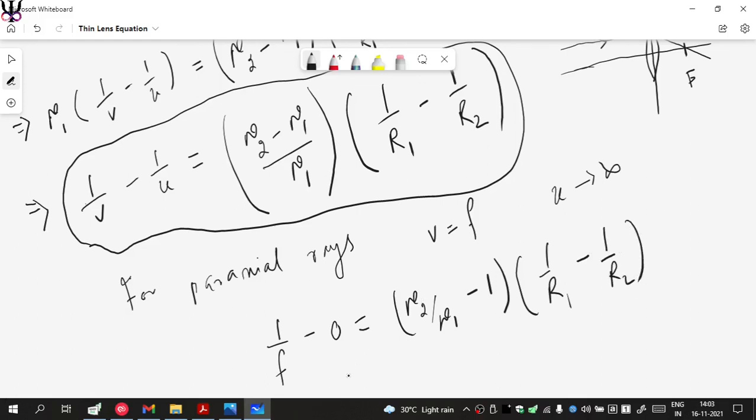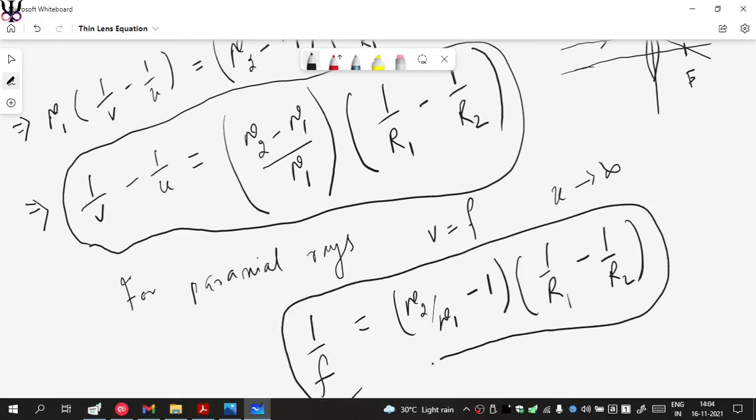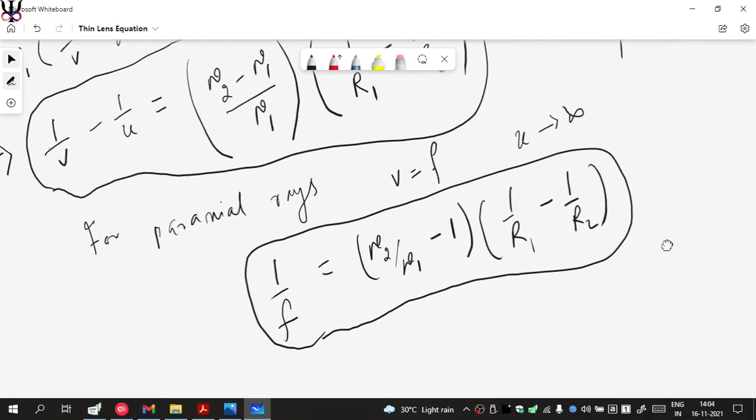If I write it in a simple way, then 1 by F is mu2 by mu1 minus 1 times 1 by R1 minus 1 by R2, and that gives you the focal length of the lens.